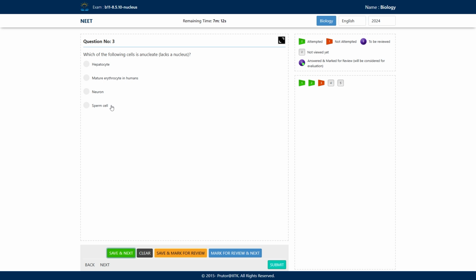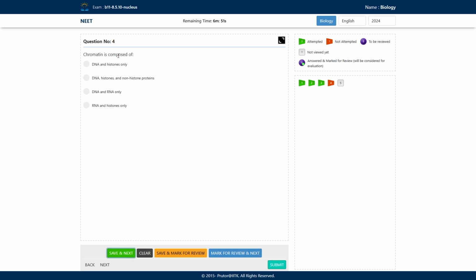RBCs is the correct answer, means option number B. Erythrocytes are also known as RBCs. Mature red blood cells lack a nucleus, so they can efficiently transport oxygen. So option number B will be the correct answer.